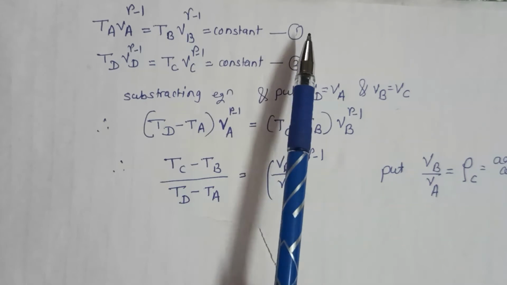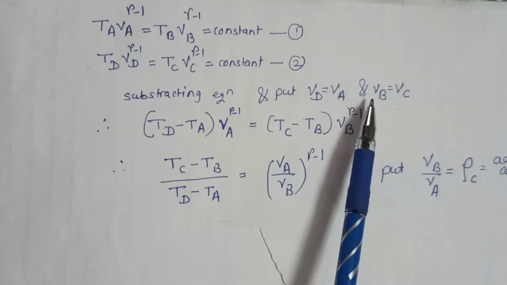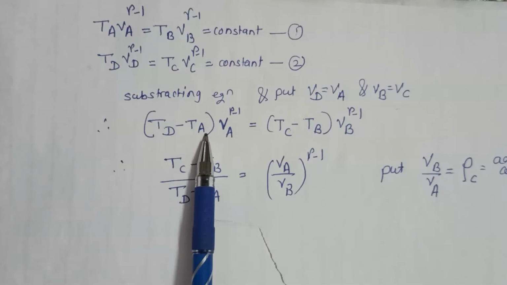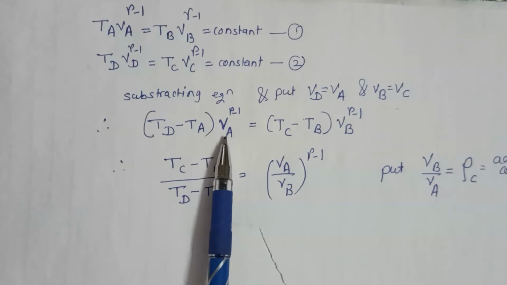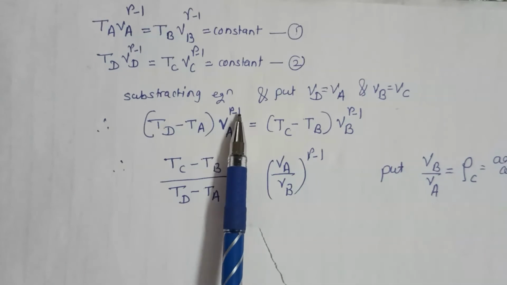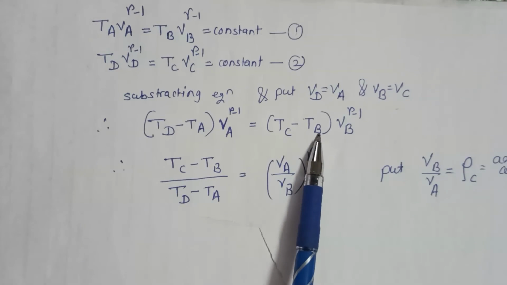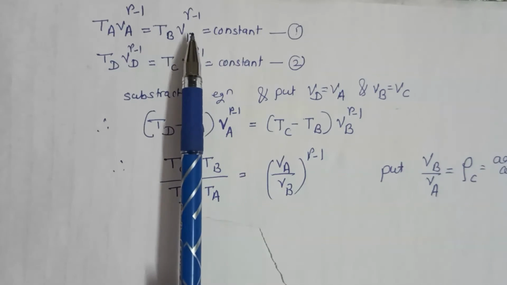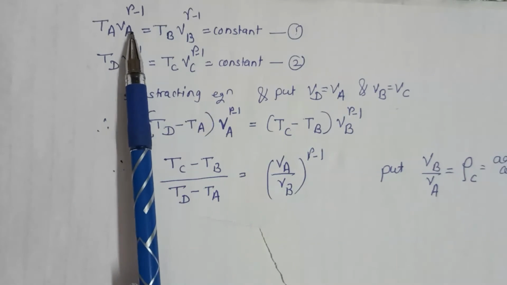Subtracting equation 1 from equation 2 and put VD is equal to VA and VB is equal to VC. Then we get (TD minus TA), put VD is equal to VA, then take VA as a common, (TD minus TA) VA raised to gamma minus 1, that is equal to (TC minus TB) VB raised to gamma minus 1. Here we put the value of VB is equal to VC and VD is equal to VA.